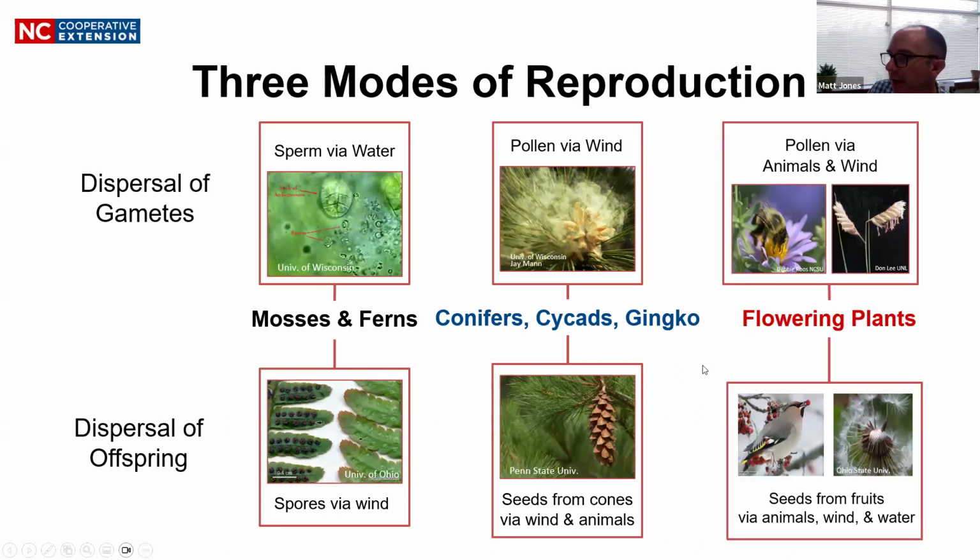And then the flowering plants have the most complex reproductive structures. Like gymnosperms, they disperse their gametes as pollen, and the pollen contains sperm cells. Whereas, of course, some angiosperms disperse their pollen through the wind, many of them originally evolved to disperse their pollen through animals, through pollination.